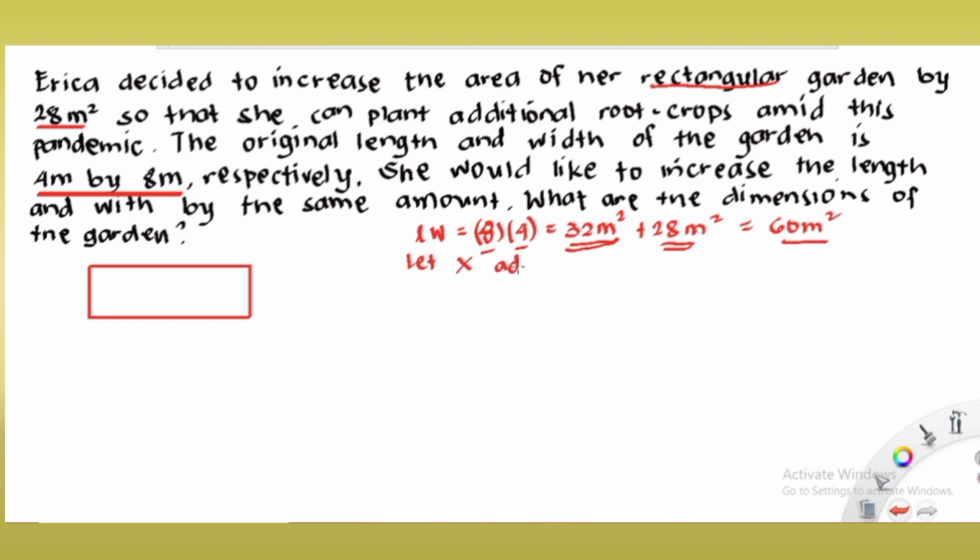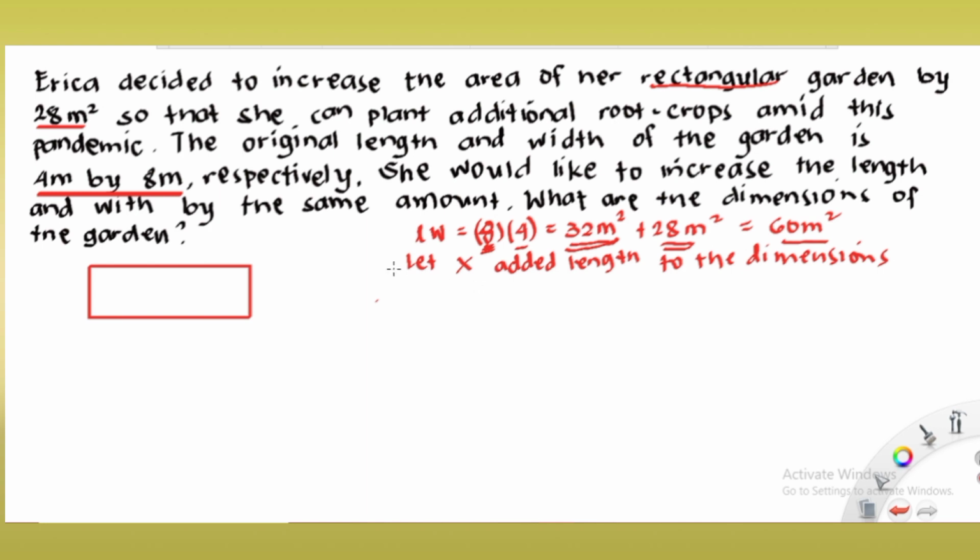So, this will be the added length to the dimensions, sa length at saka sa width. Ito ang idadagdag natin. So, if let's say ang naunang length natin ay 8, magdadagdag ng x.